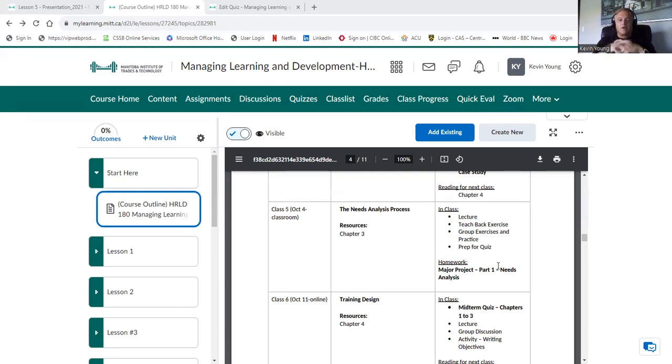So for this Wednesday, we're looking at the needs analysis process, which we've discussed, obviously, and prepping for the quiz.